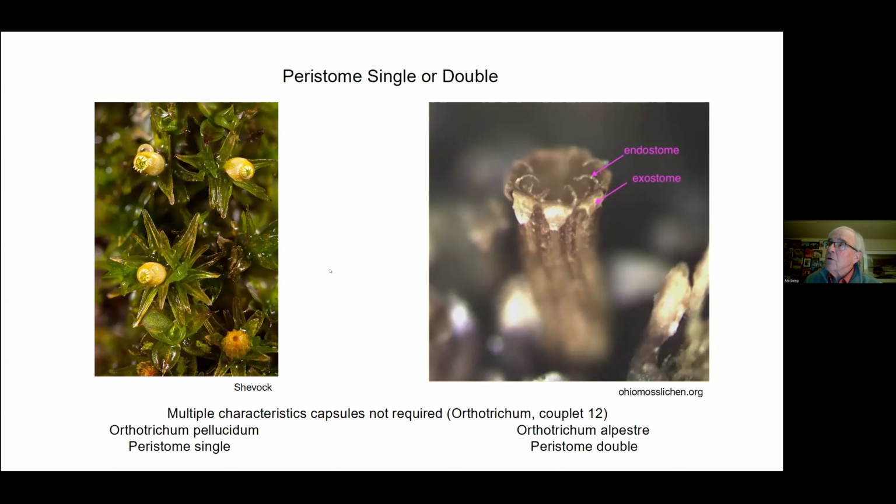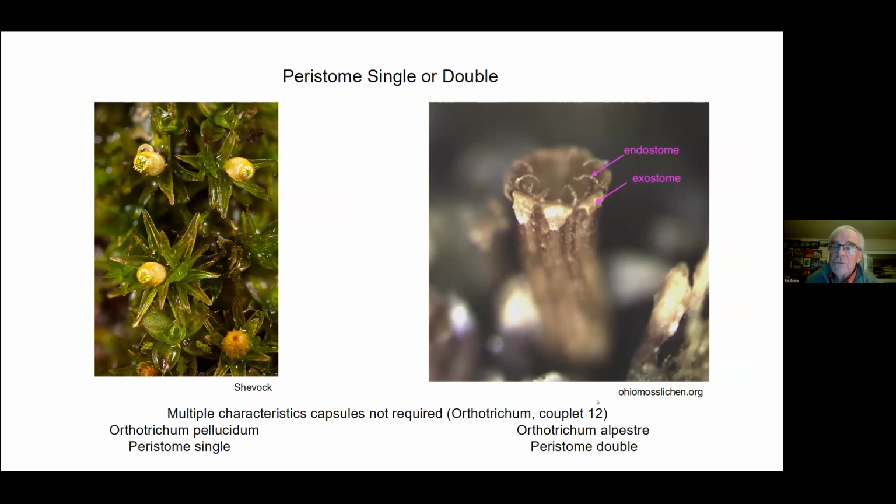But in elongata and obtusifolia, there are no cilia present. The other peristome characteristic that's used to separate species is whether or not the peristome is single or double. And I'd go back to when we were talking about the parts of the capsule. There was a good example of double, but this is also a good example.